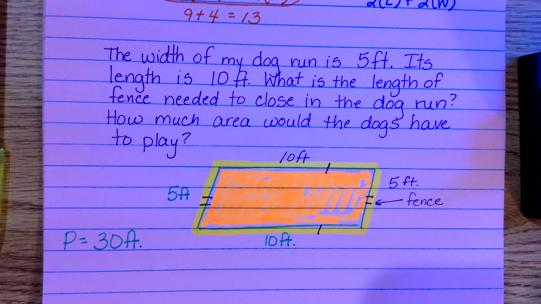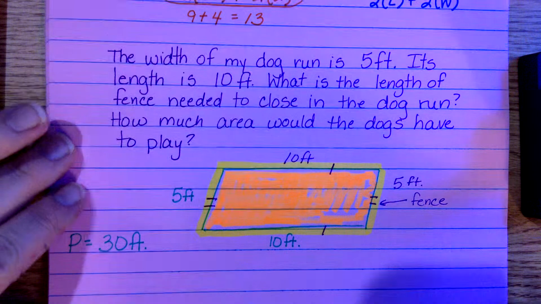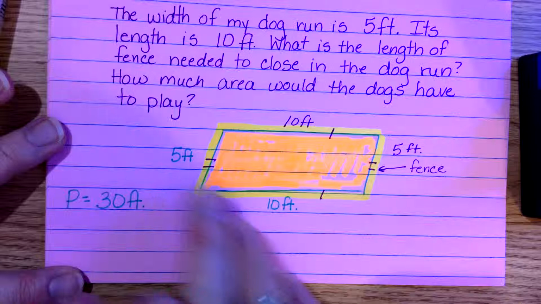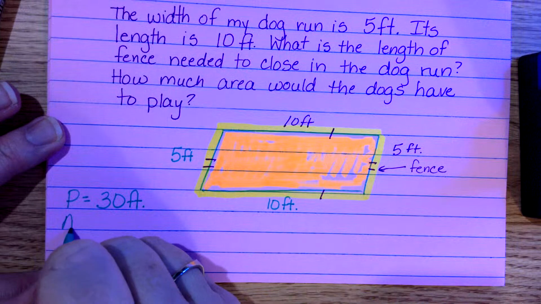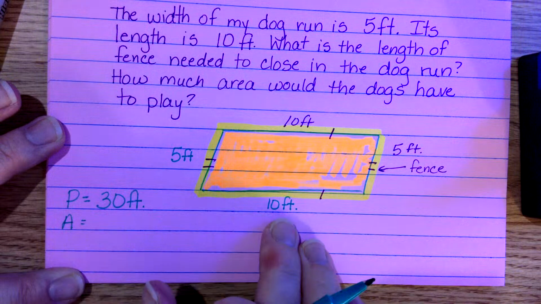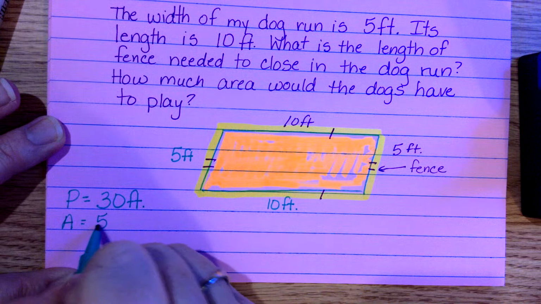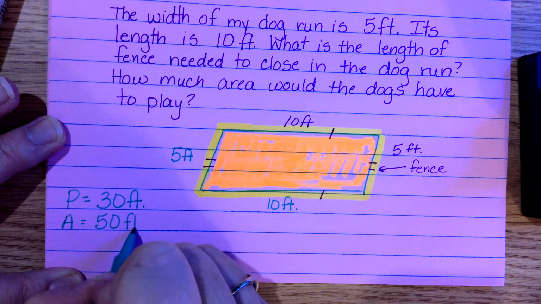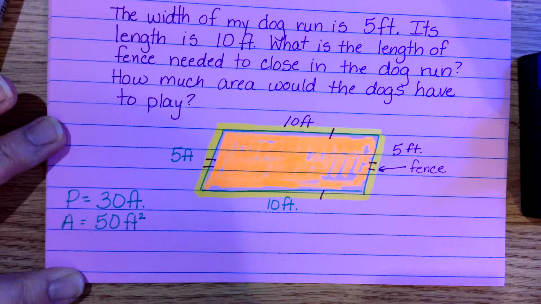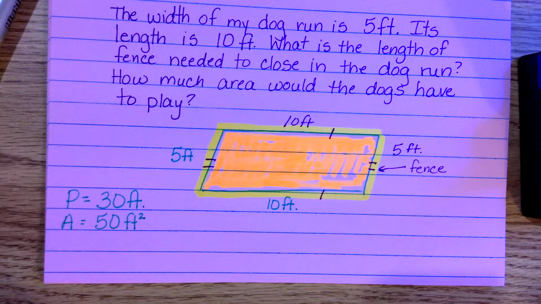Okay, I know that area is length times width, so I'm going to multiply 5 times 10 to get the area. And I know that 5 times 10 is 50 square feet. It's important to know that area is measured in squares.